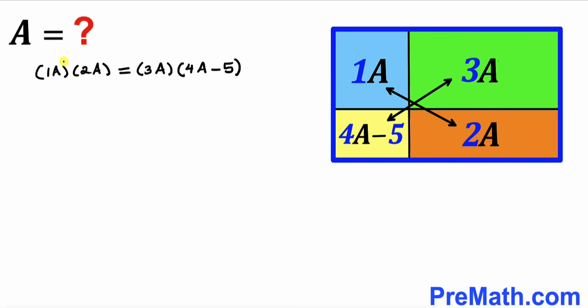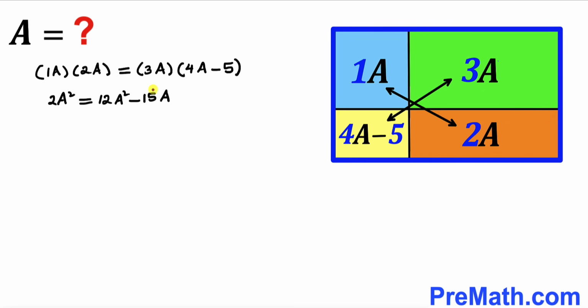Now let's go ahead and multiply out. That is going to give us 2 times a square equals to, and here I am going to distribute, so that is going to give us 12 times a square minus 15 times uppercase A.